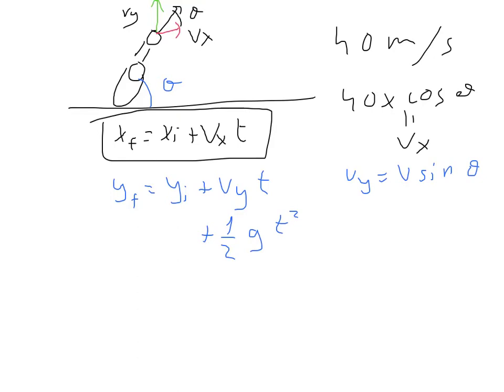If you are the kind of person that says g is positive, then you should have a minus sign here, because remember that g is in the opposite direction as Vy. And there you go. These are the only two equations we need to calculate anything for this movement. I'm going to give you a couple of examples of calculations in the next slides, and then after this, you're on your own.